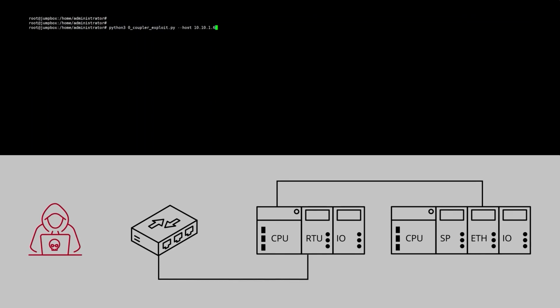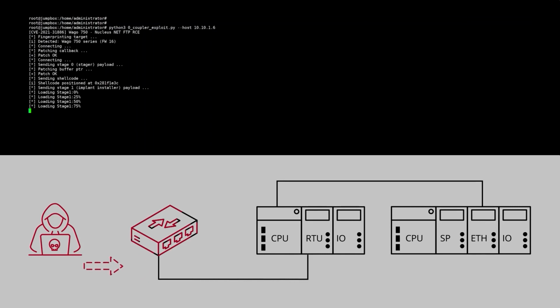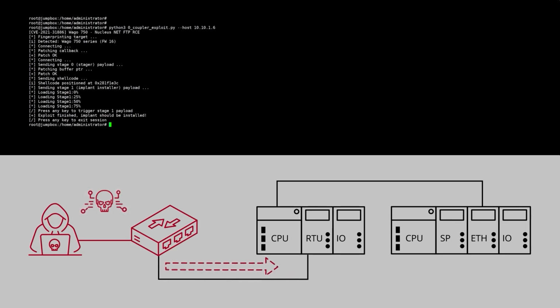The attacker starts by exploiting a Nucleus 13 vulnerability for remote code execution on the Wago coupler gateway. Once the implant is in place, the attacker can move beyond the coupler's restricted interface into the nested networks behind it. In order to reach the nested Schneider M340 PLC, the attacker will instruct the implant to forward their Schneider UMAS traffic.